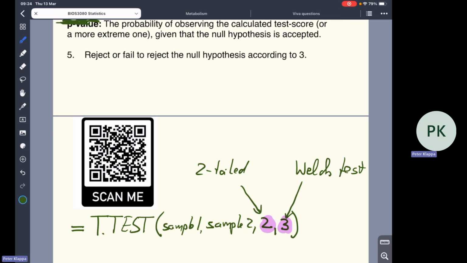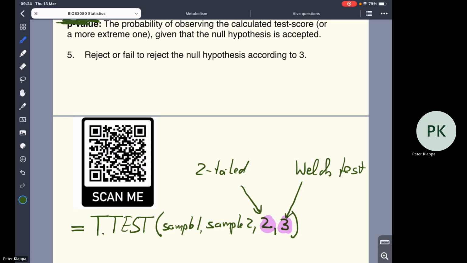You can also use Excel, believe it or not, for what is known as this Welch test. Yeah? And the equation for that is simply equals T.TEST, the array of sample 1, the array of sample 2, and then you have to put in a number 2. 2 stands for two-tailed test.